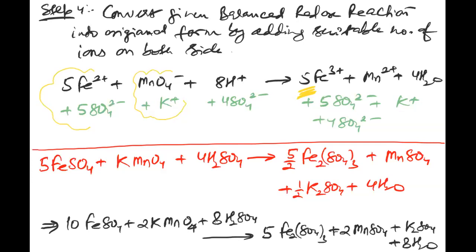So 10 FeSO4 plus 2 KMnO4 plus 8 H2SO4 will give 5 ferric sulfate plus 2 MnSO4 plus K2SO4 plus 8 H2O. Without knowing these proper steps, it is going to be impossible to balance this type of redox reaction.